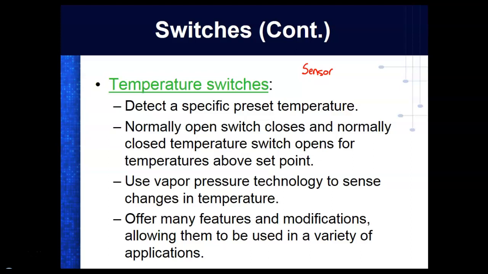So when it says it uses vapor pressure technology to sense change in temperature, that must have been it. We have thermistors, which is usually what we use in our house. And then we have thermocouples.